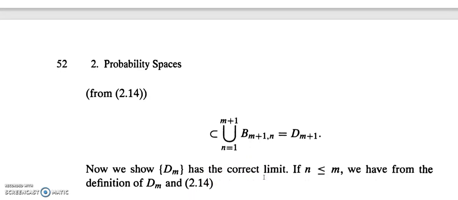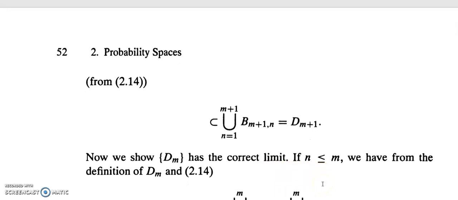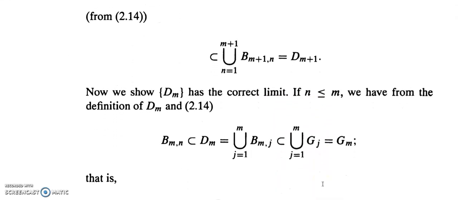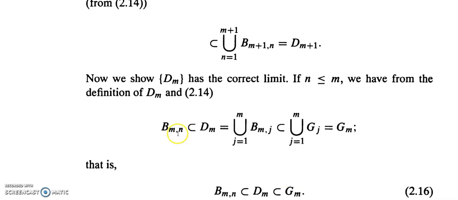Now we want to prove limit dm equals G. If n is less than or equal to m, by definition of dm, Bmn is contained in dm. And dm is equal to union j equal to 1 to m Bmj. Since limit Bmj equals Gj, it is contained in union j equal to 1 to m Gj.